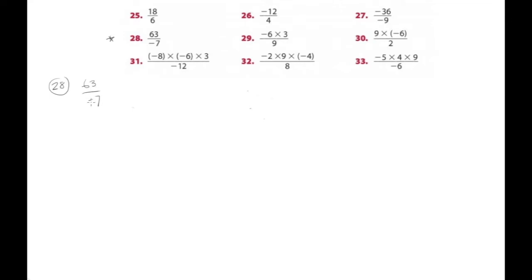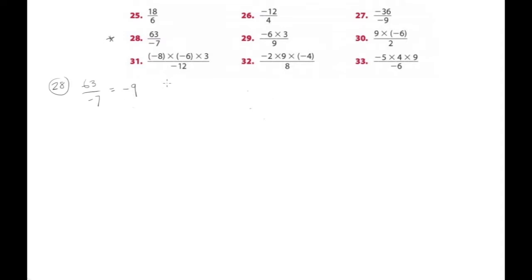A positive number divided by a negative number gives a negative answer. 7 into 63 goes 9 times, but it's going to be minus 9, because if I multiplied minus 7 and minus 9, I would get plus 63. So if I'm dividing 63 by minus 7, I would get minus 9.